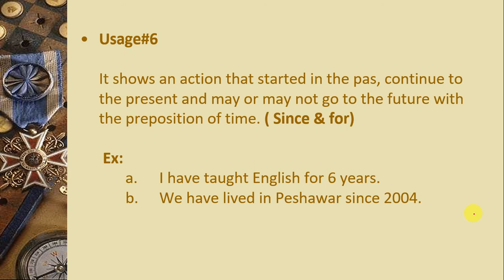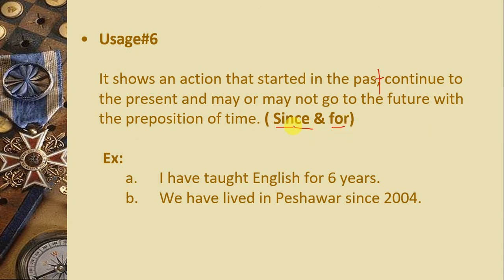It shows an action that started in the past, continues to the present, and may or may not go to the future, with the prepositions of time, since and for. With since and for, present perfect tense is used to show an action which started in the past, comes to the present, and may go to the future.